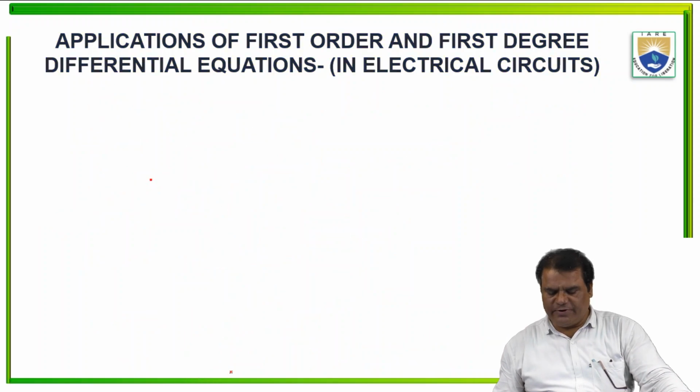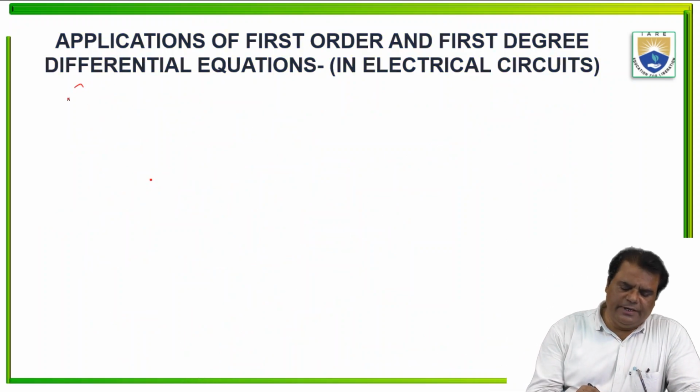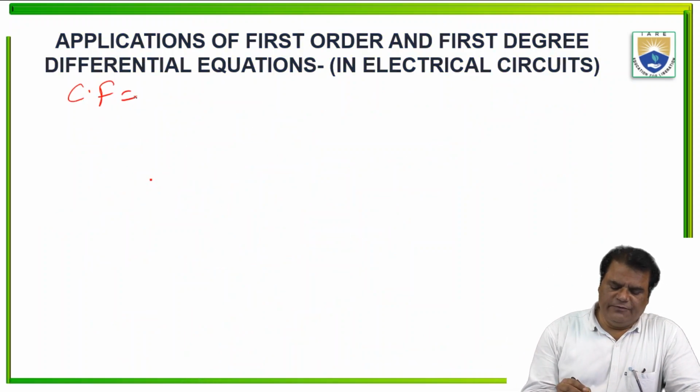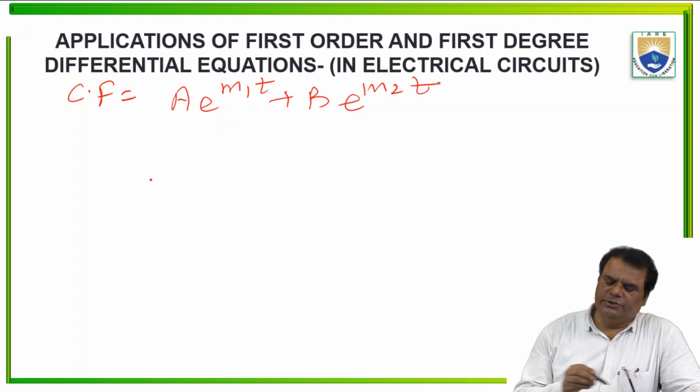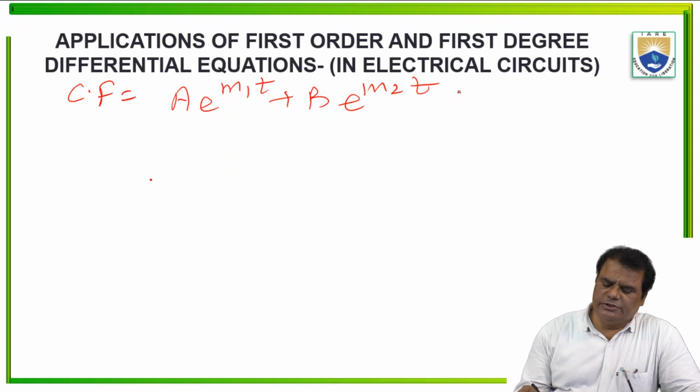So the roots are different. So now CF is a e to the power m1t plus b e to the power m2t. This is CF, complementary function. This is the formula for complementary function for different roots.